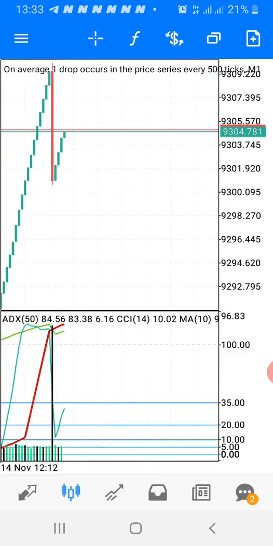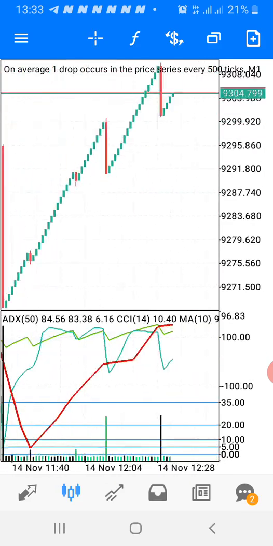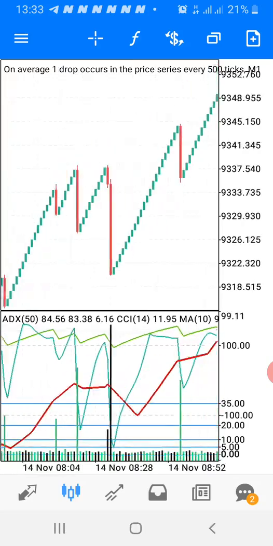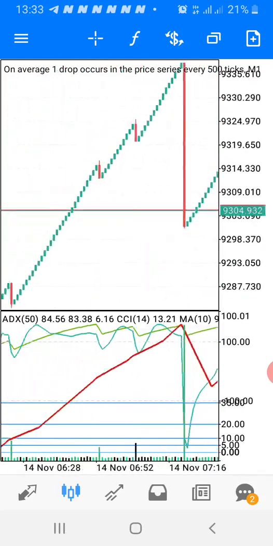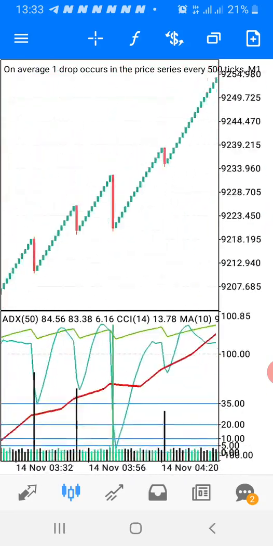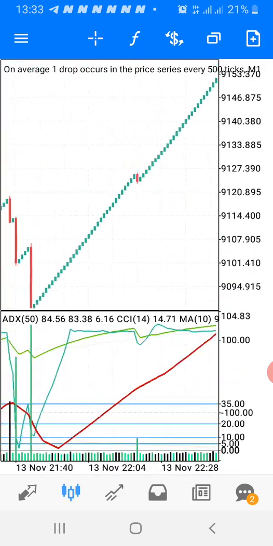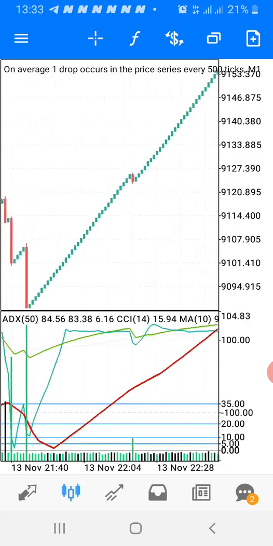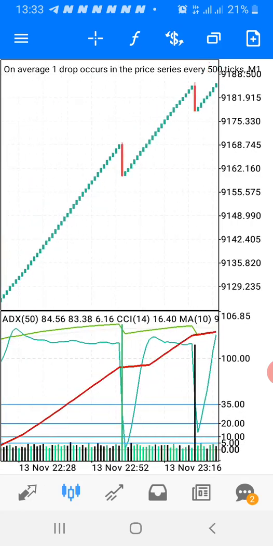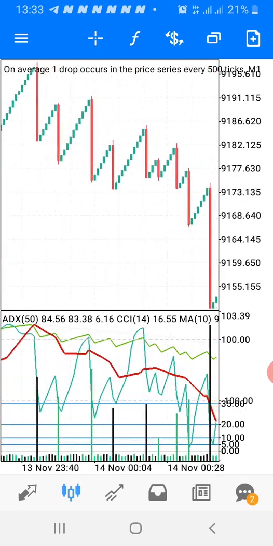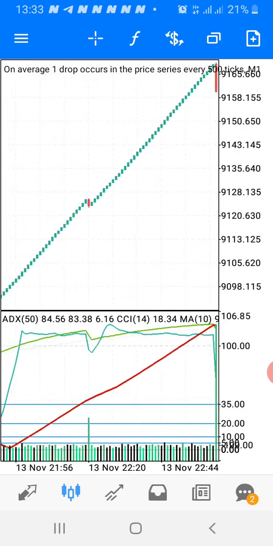Please, let's trade carefully. We are not here to lose money. We are here to make money. If you understand all the strategies, you will make money from it. Sincerely speaking, you will make money from it. This is another reason why I said we should always shift our graph to the beginning of the screen. Just take this reason.